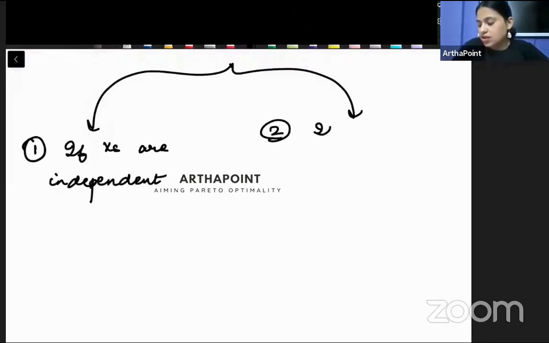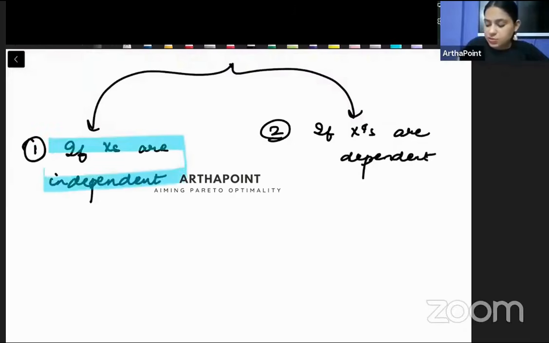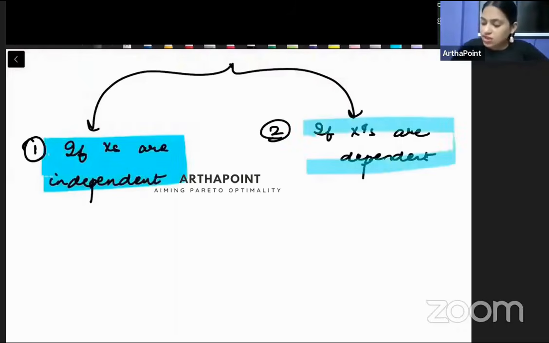And case 2 happens if your x's are dependent. So case 1 is what happens when your x's are independent of each other, and case 2 is what happens when your x's are dependent with each other.